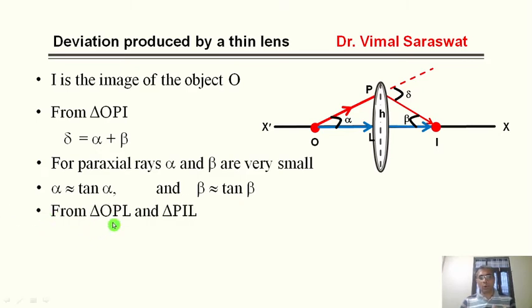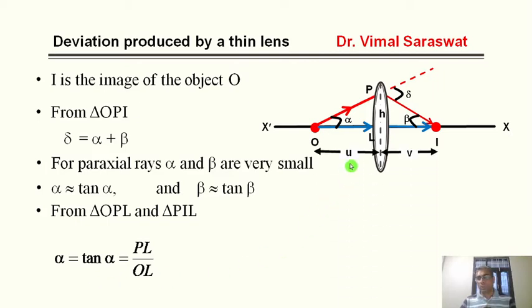Now from triangle OPL and triangle PIL, alpha equal to tan alpha, and tan alpha equal to perpendicular upon base. So tan alpha equal to PL upon OL, and this will be equal to alpha.